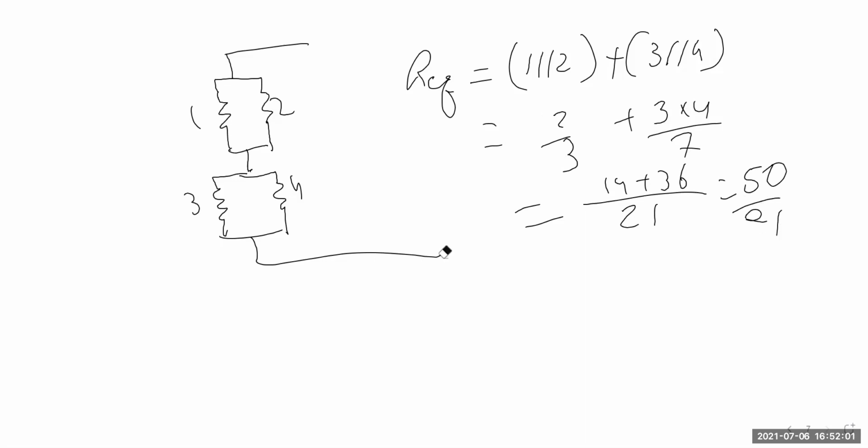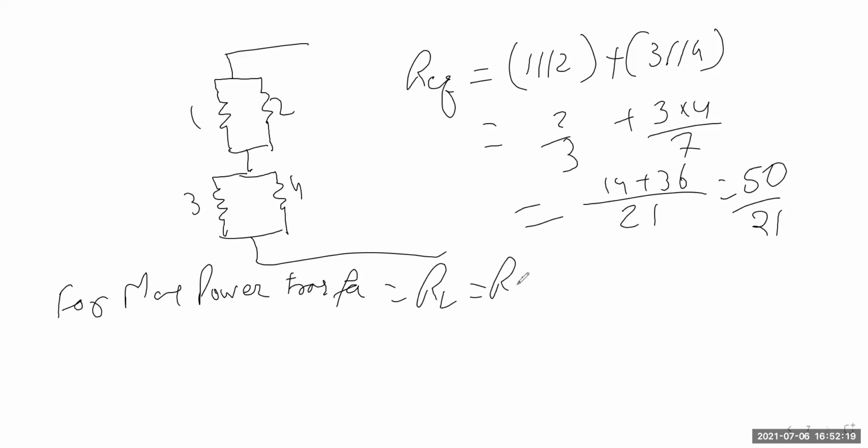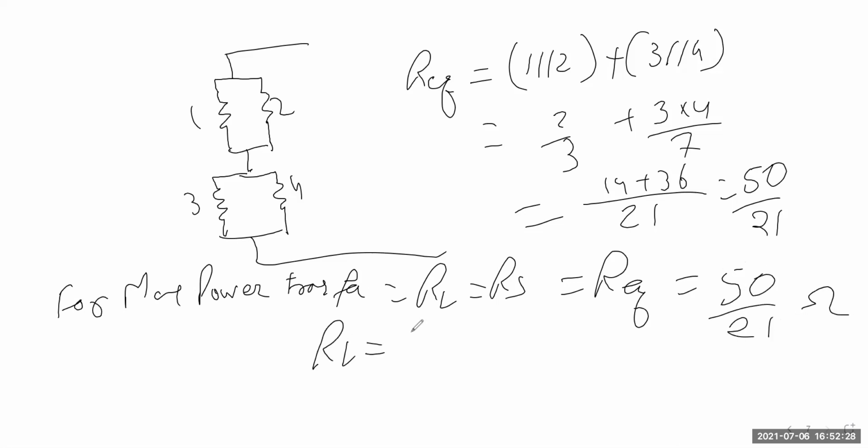This is the resistance, and we know that for maximum power transfer, RL equals RS, which equals R equivalent, so it will be 50 by 21 ohm. So RL is 50 by 21. This data we got.